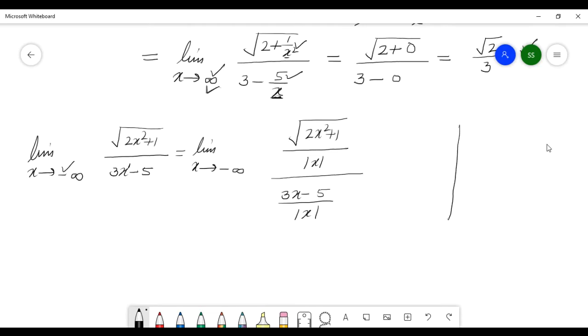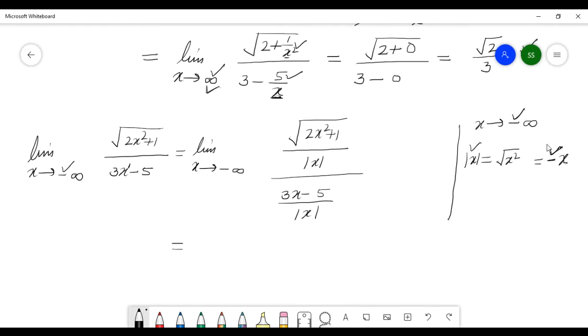Whenever x goes to positive infinity, mod of x equals x, no change, same. If x goes to negative infinity, then mod of x will be minus x. This is the difference.